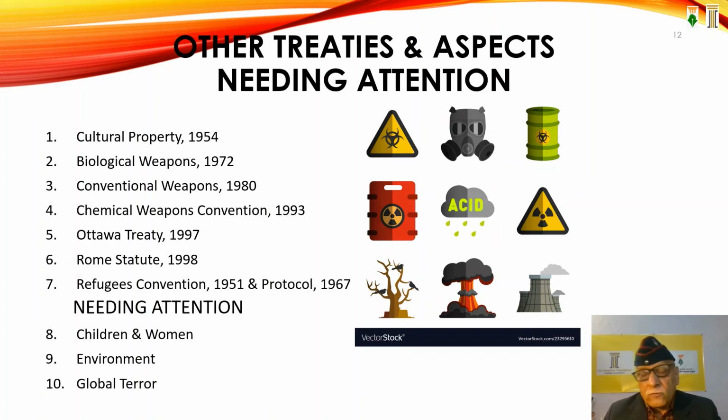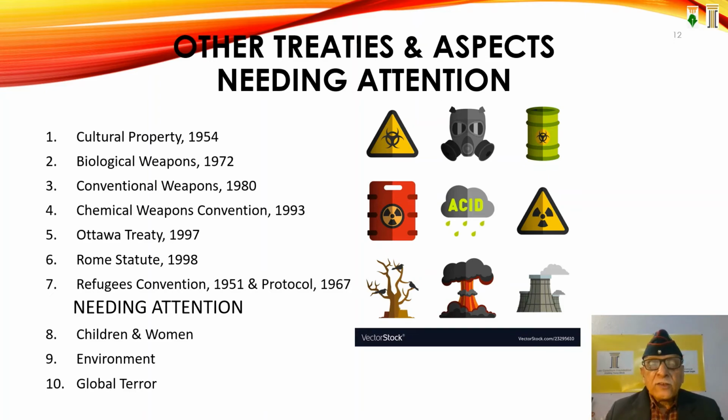They cause totally indiscriminate loss and injuries. So this came into being, and then there is the Refugee Convention of 1951, which was followed by a more elaborate protocol in 1967.